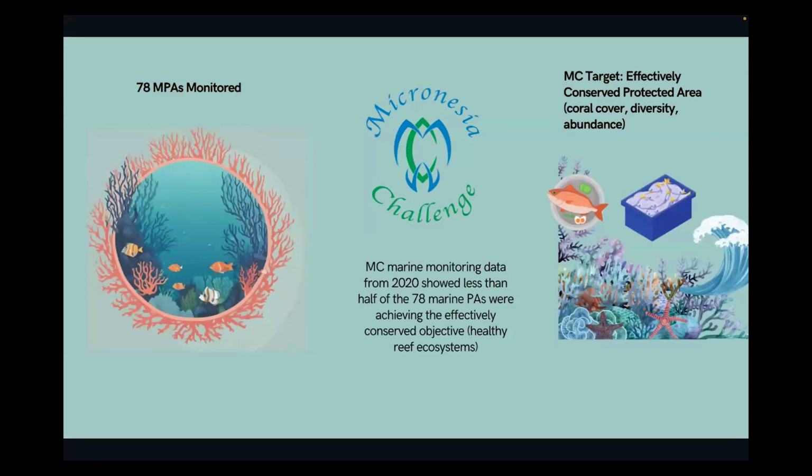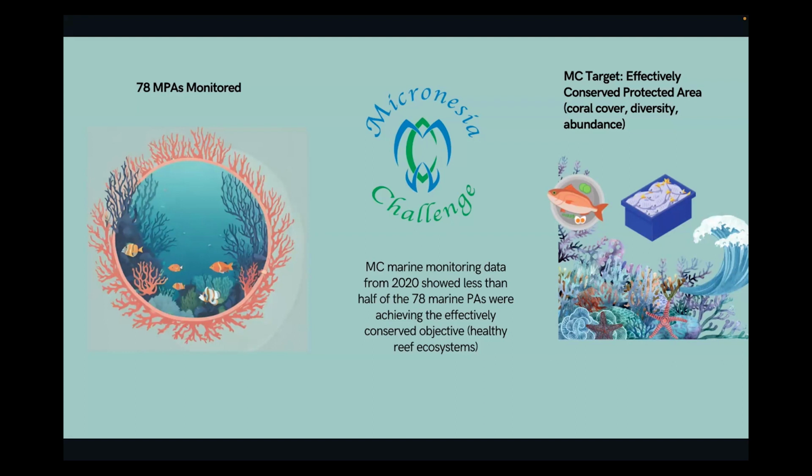So let's just look at some of the progress from the MC 2020, the target of 30% marine areas effectively conserved, and how that relates to what we're talking about. So 78% of marine protected areas were monitored over time to see if they were effectively conserved, which was defined generally as having healthy coral cover, diversity, and abundance.